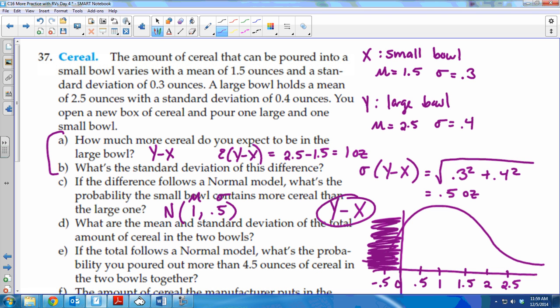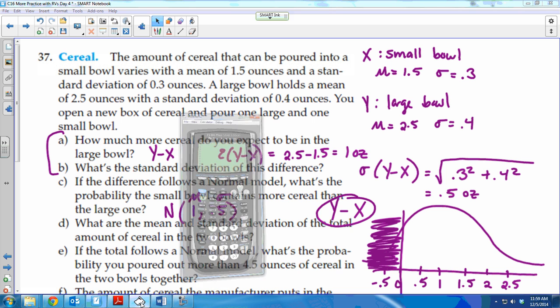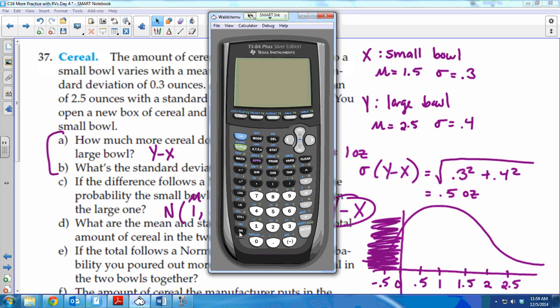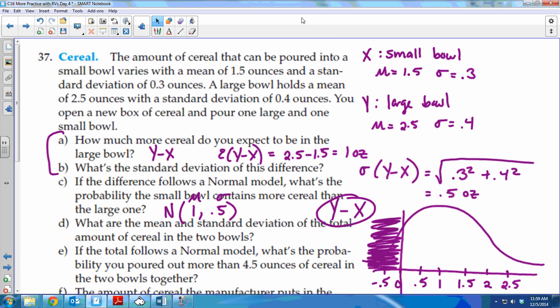Now, we had to use our calculator to find these things. So pop quiz. Who remembers what buttons to push to get to a normal model? Because the question's asking us, what's the probability the small bowl contains more cereal than the large one?